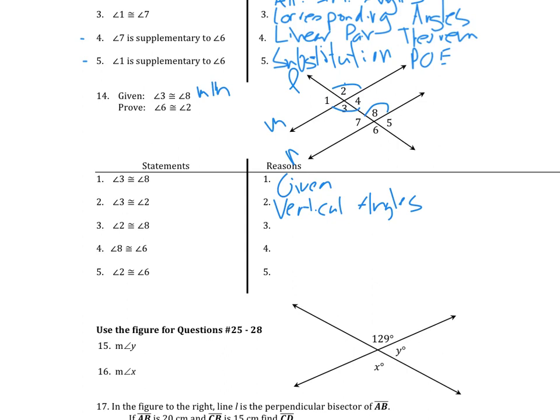Okay, we can do corresponding. We can also do transitive property. Because we said 3 is to 8, so 3 is to 2, so then 2 has to be to 8 as well. And then 8 is congruent to 6 because of vertical angles.